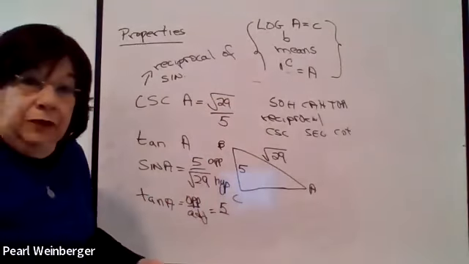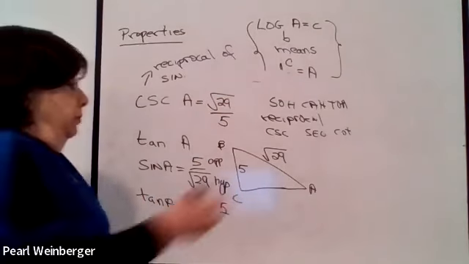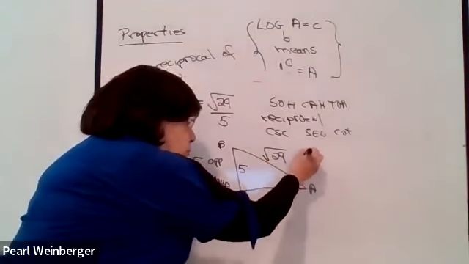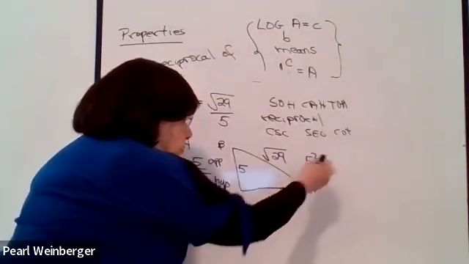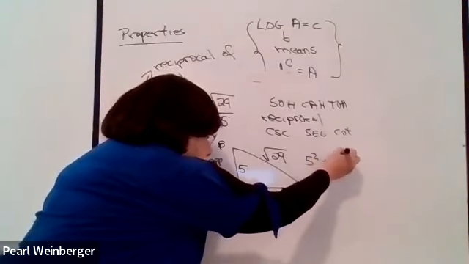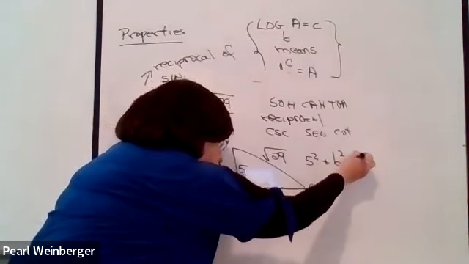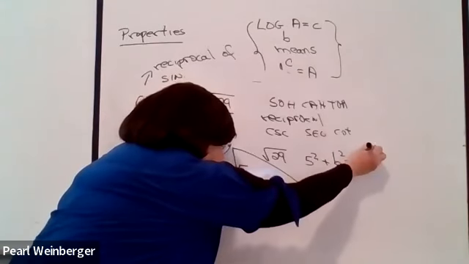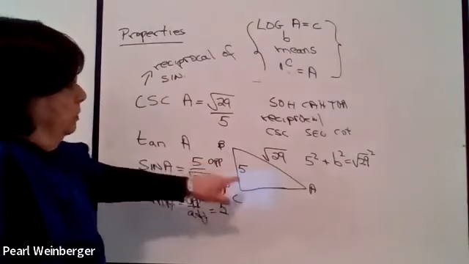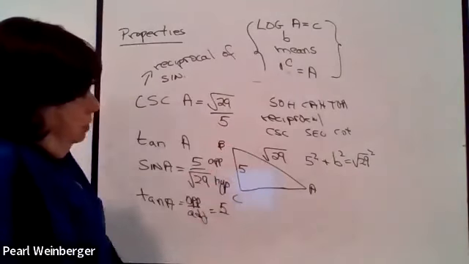So I'm going to have to use the Pythagorean theorem. 5 squared, plus B squared, which I don't know, equals the square root of 29 squared. A squared plus B squared equals C squared.